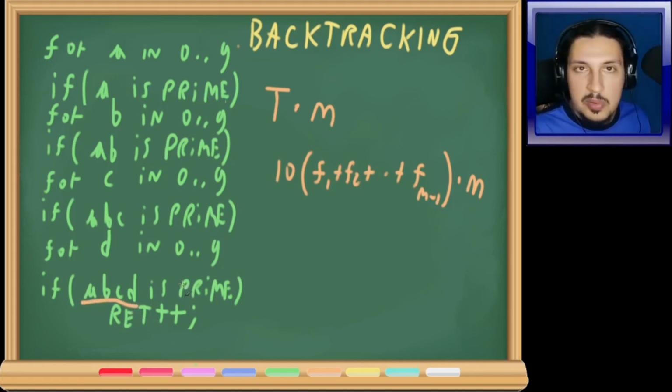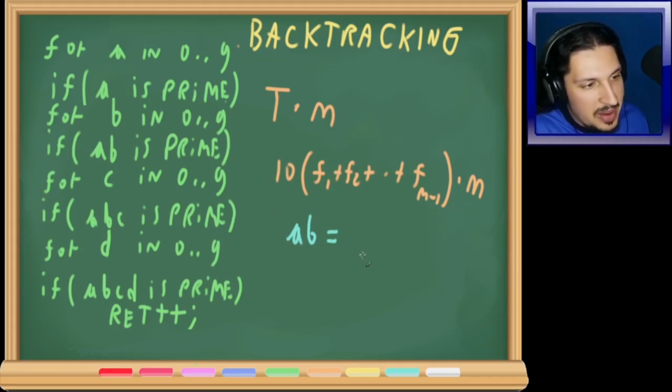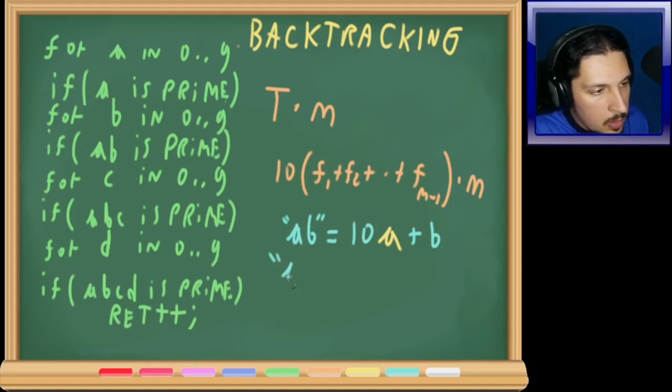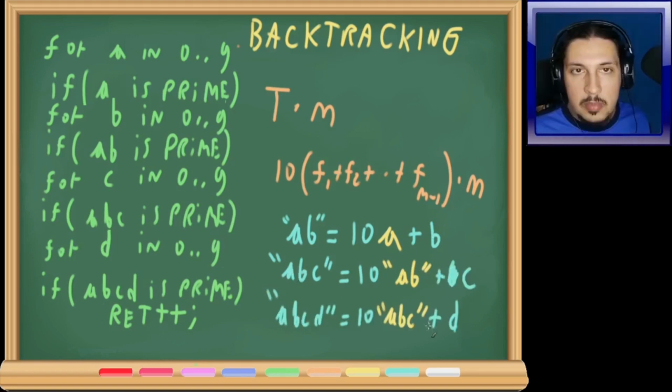But we don't want to compute it from 0, because we would also have to compute it here for the first 3, here for the first 2, etc. So AB can be written as 10 times A plus B. Better, let's say that the number AB, understood as a number, equals 10A plus B. But the number ABC equals 10 times AB, the previous one, plus C, and so on.